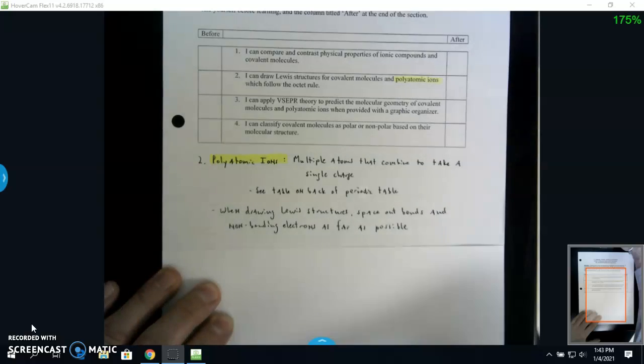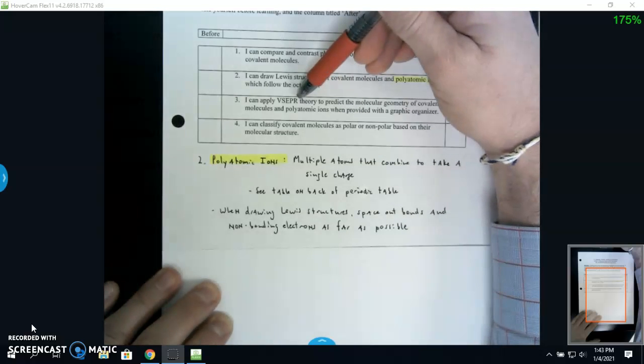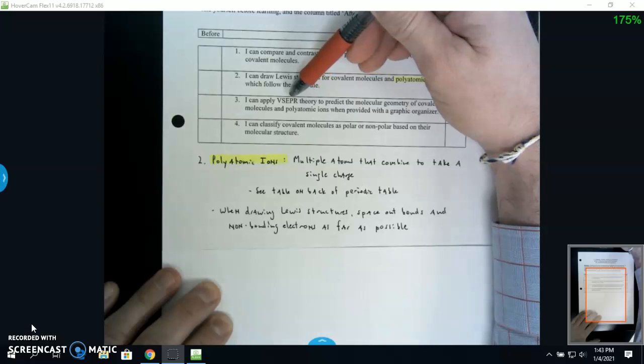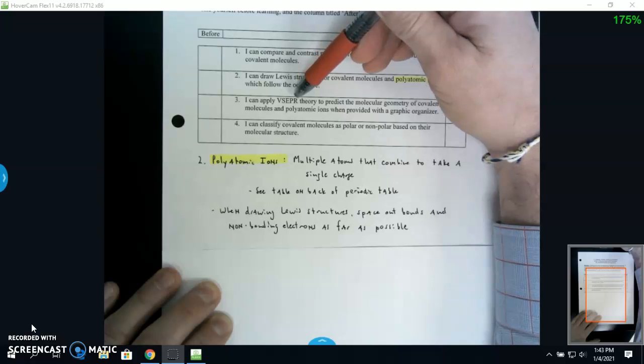Later on, what we're going to learn in this unit is that VSEPR explains why we have to space out those bonds and non-bonding electrons as far as possible. The EPR stands for Electron Pair Repulsion Theory. This is a theory that explains that paired electrons will repel from other paired electrons.